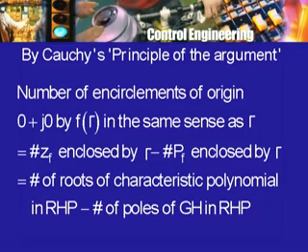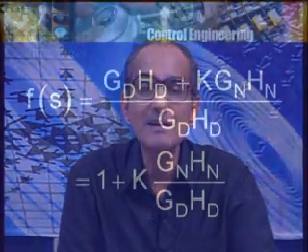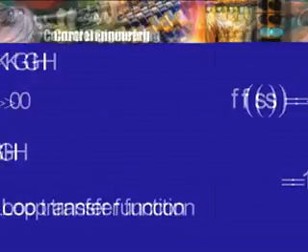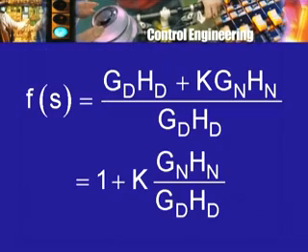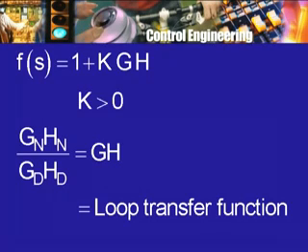Okay, now comes this idea of Nyquist. The function f was simply 1 plus k gh. I will rewrite it here, 1 plus k gh. So the image contour f gamma is simply 1 plus the image of this part, but this is k times gh, so it is simply a scaled version of the image of gh.